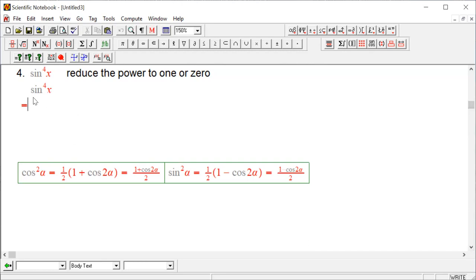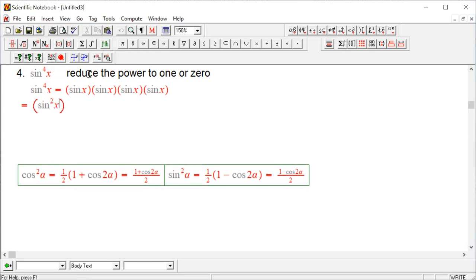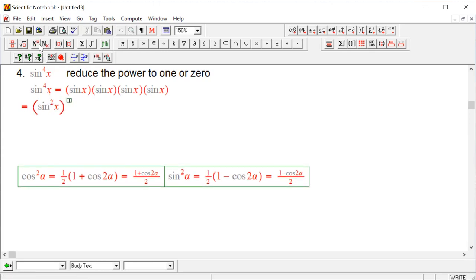First of all, we understand the notation. This is the same as sine x multiplied by sine x, multiplied 4 times. So we understand that. And as a result, we know that this is going to be sine squared of x, to the power 2.